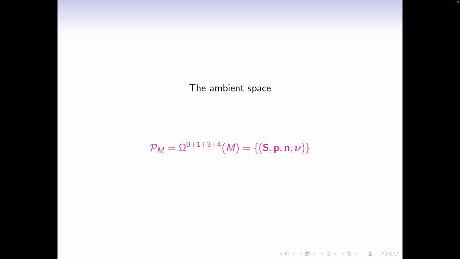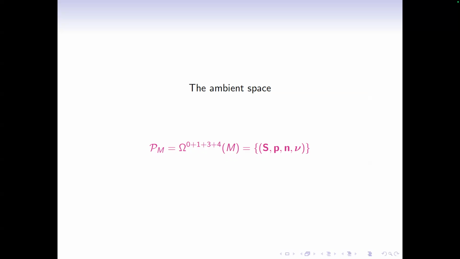It's a space of 0, 1, 3, and 4 forms on the space-time manifold. They have notations and they have names. So the 0 form is called S and is called entropy. It's an entropy at each point of space and each point of time, so it's per point of space-time.